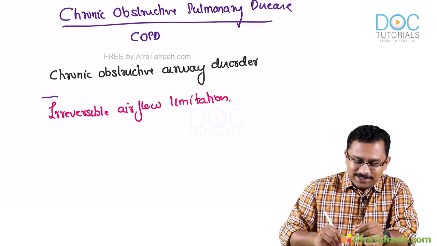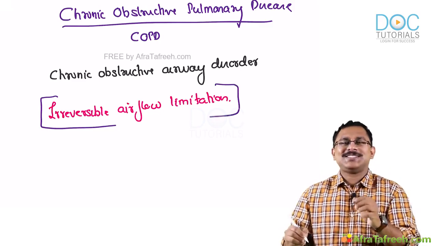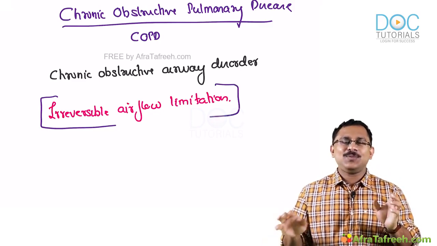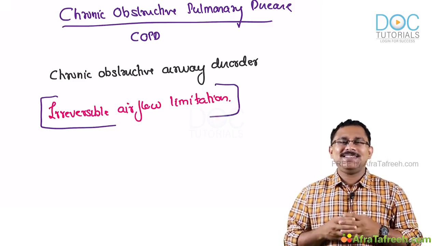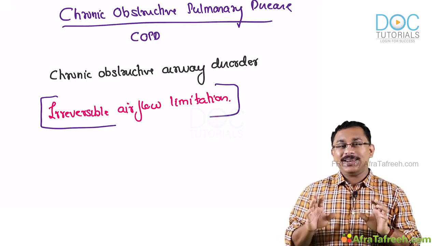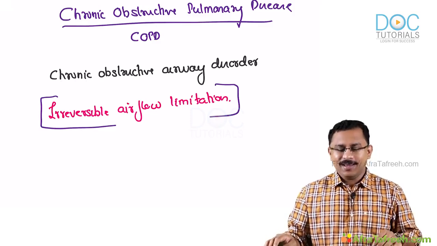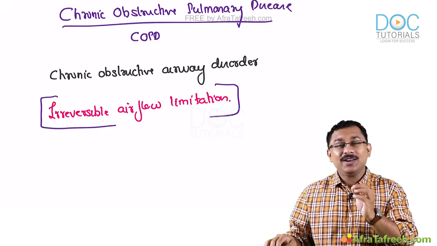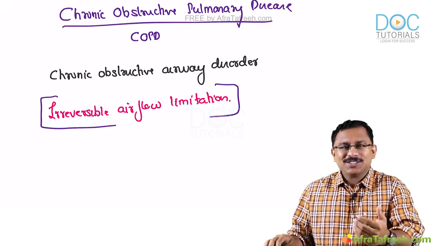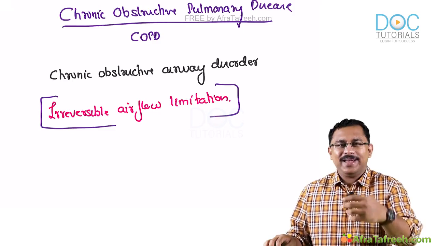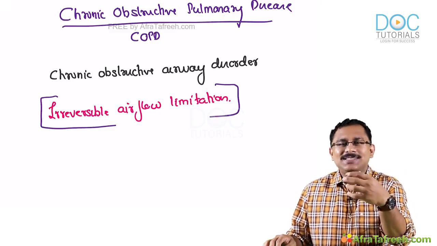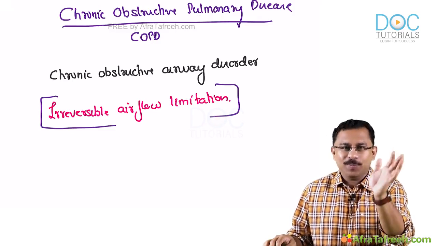Now I would just highlight this portion, irreversible airflow limitation, just to compare it with another obstructive disease like bronchial asthma, where the airflow limitation is a reversible one. But here you have an irreversible airflow limitation. And because of this irreversible airflow limitation, you get the symptoms and signs of COPD.